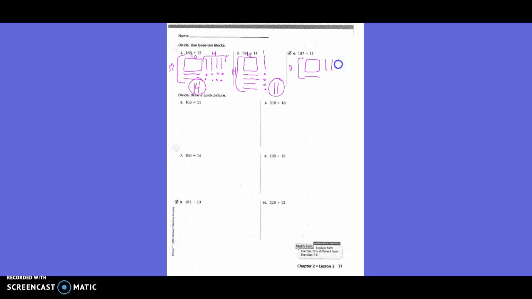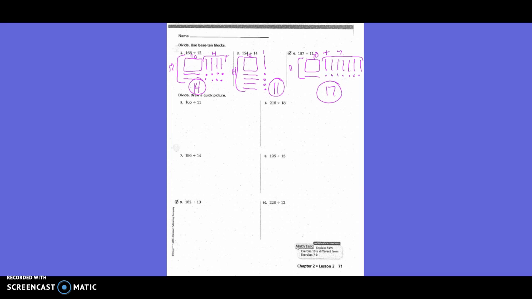So 1, 2, 3, 4, 5, 6, 7. How many little cubes? 7. 1, 2, 3, 4, 5, 6, 7. So those evenly go underneath there, right? Okay. So you'd have 10 here, and then how many columns do you have here? 7. So 10 plus 7 is 17.